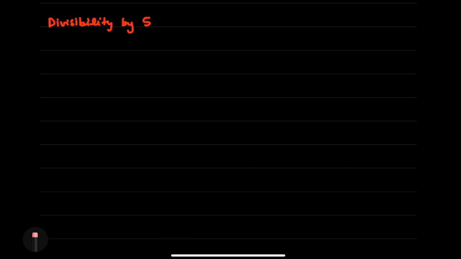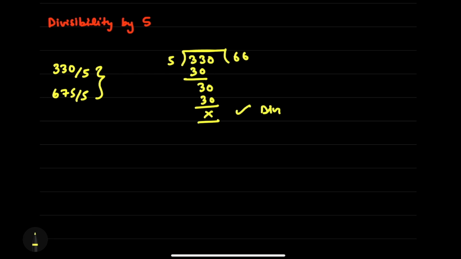Let's look at another example which we have done previously, divisibility by 5. Let's take the example of 330. How do we know whether it is divisible by 5? Actually, we will take another number, 675, and see whether both numbers are divisible by 5 or not. So this is divisible by 5.